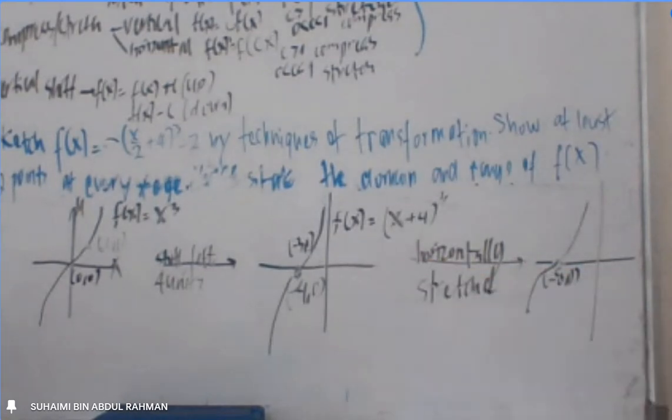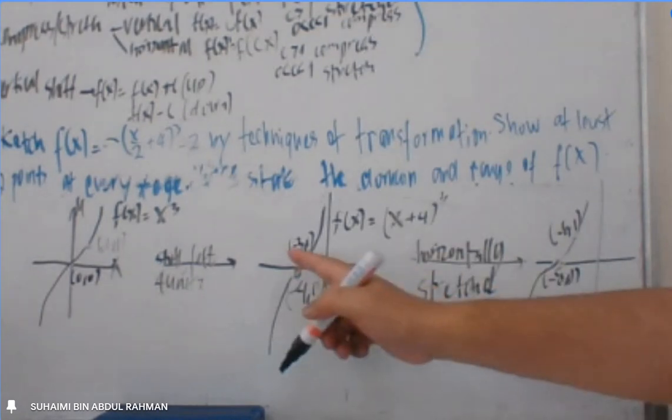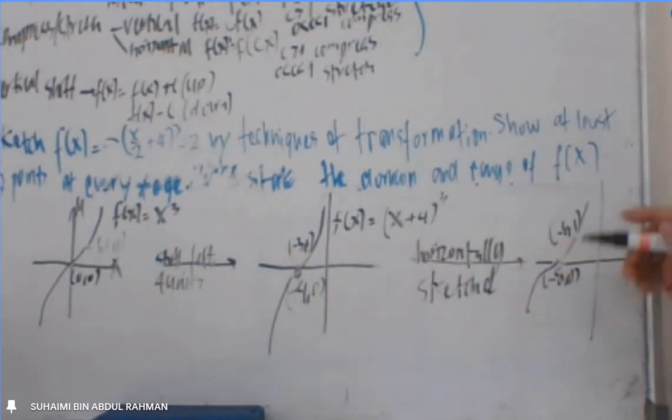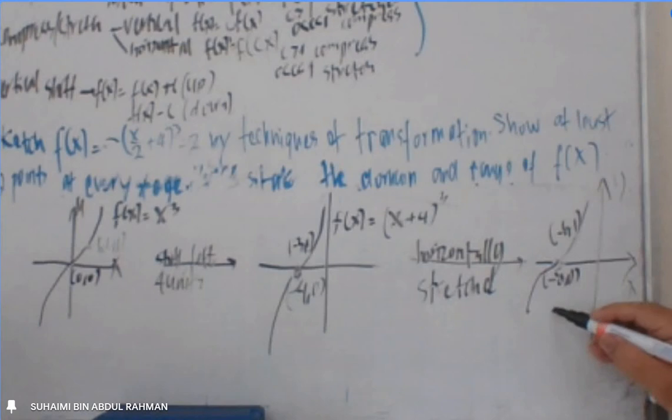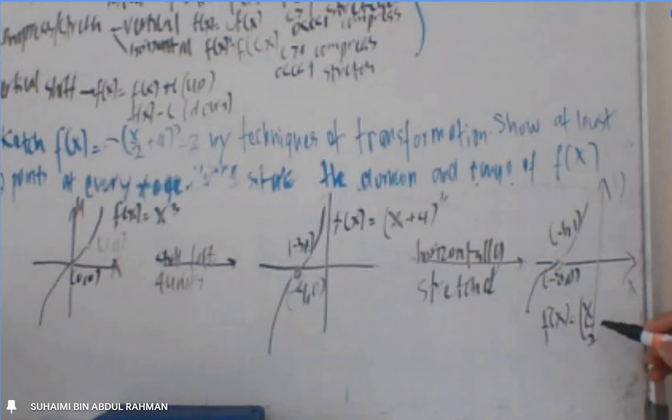And point minus 3, 1 will go to the point of minus 6, 1, because only the x coordinate changes. And the new function here, f(x) is x over 2 plus 4 cube.